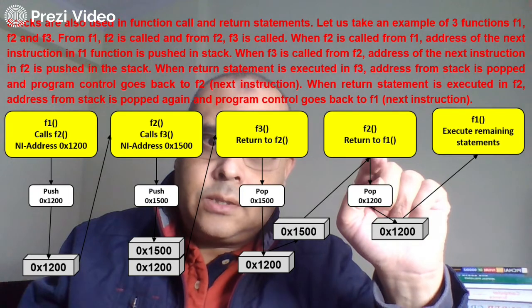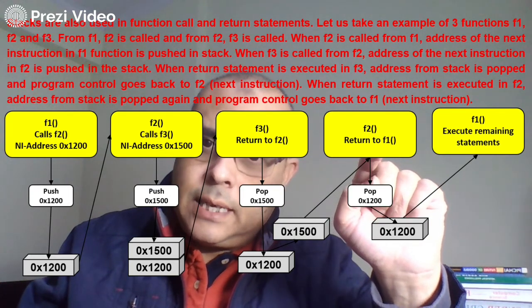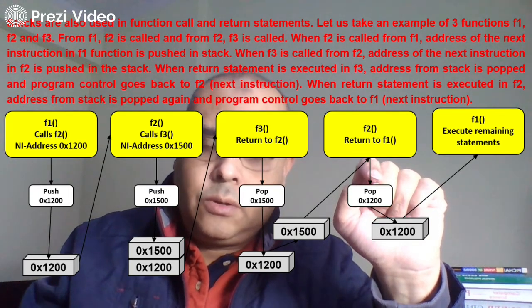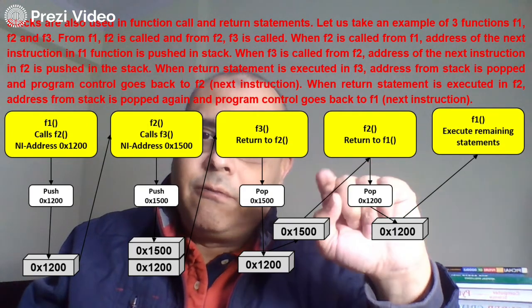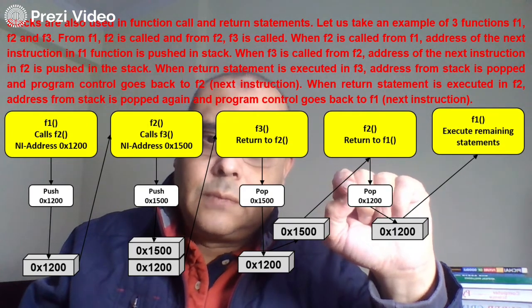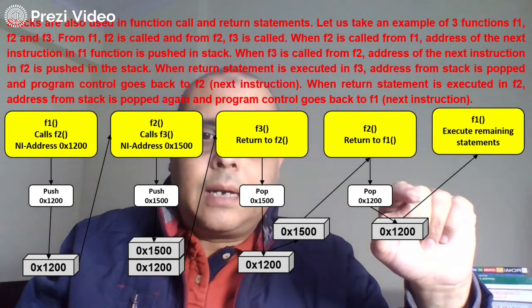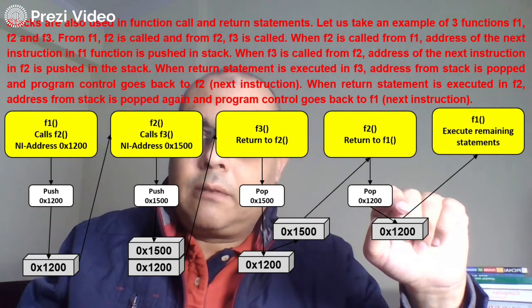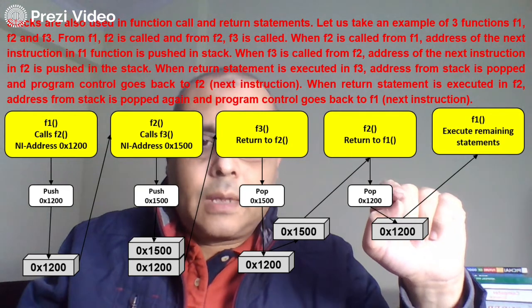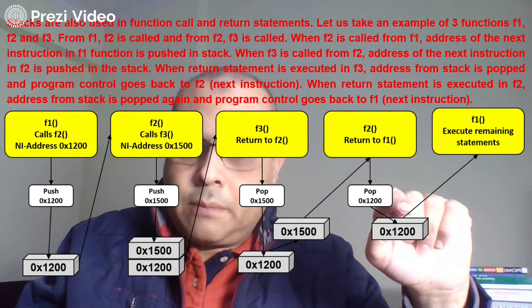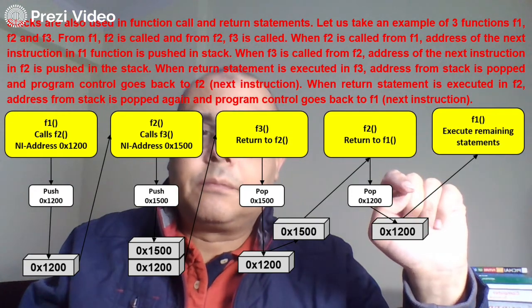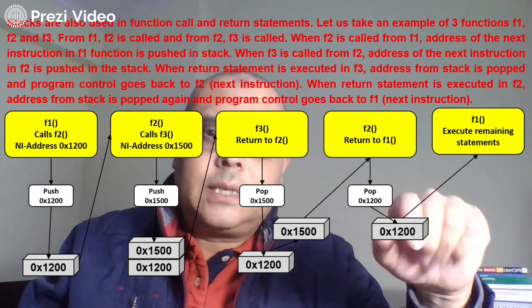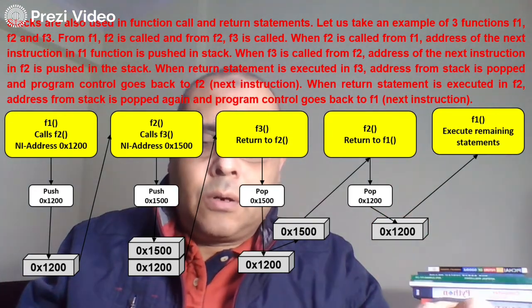So the control returns to function f2, the statements of function f2 will execute, and now the control will return to function f1. How will it return? The address from the stack will be popped and the program control will jump to the address in function f1. This is how the stack is used in function calls or return statements.